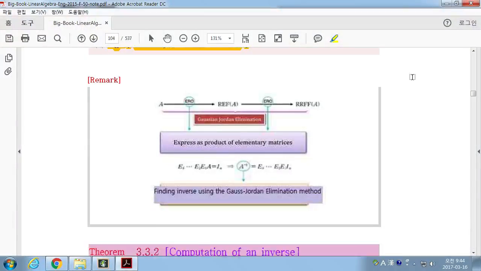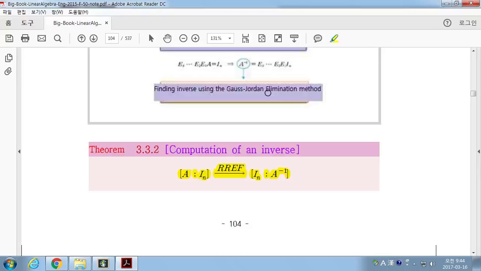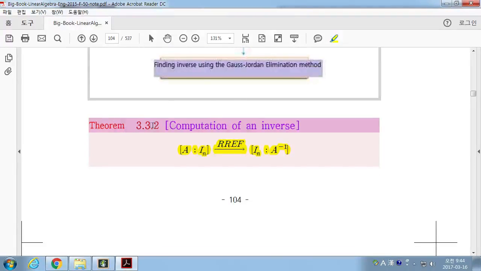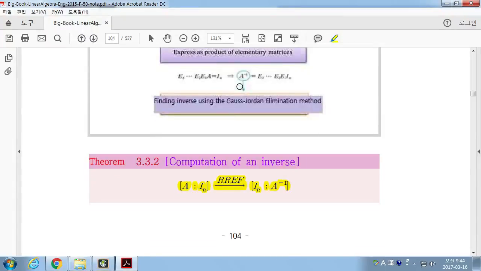That's it. Okay. So with this, we can summarize what you found in here. Suppose we have a matrix A. Then add the identity matrix on the right, so make an n by 2n matrix.